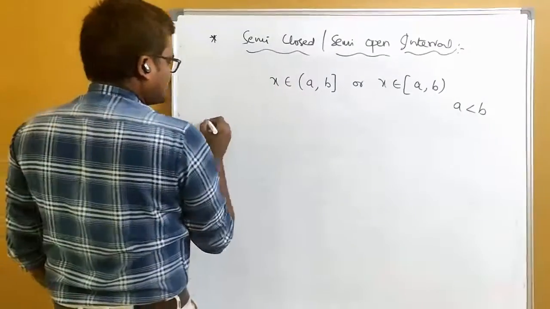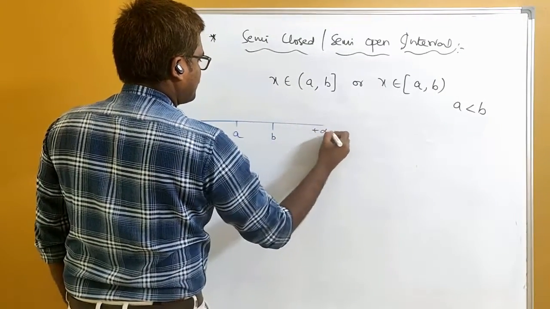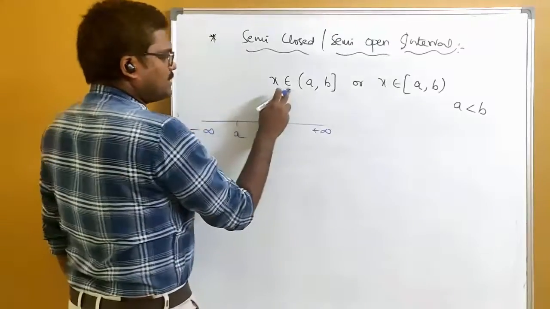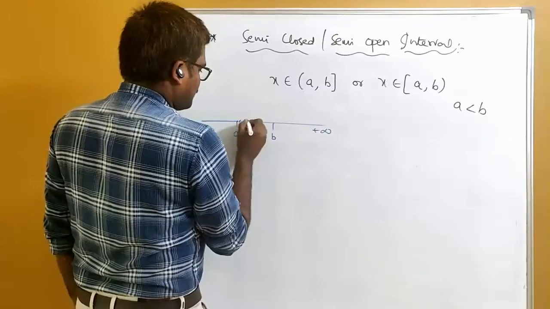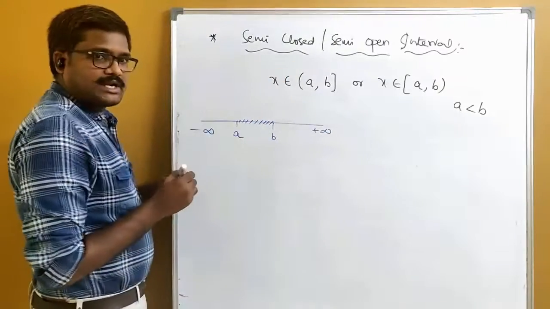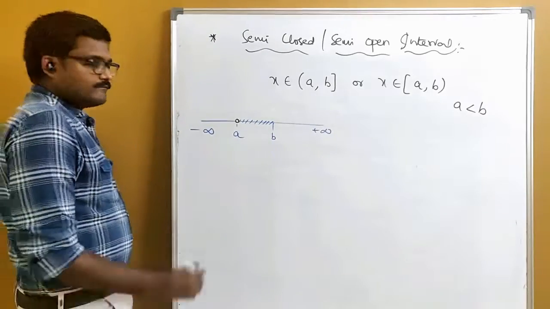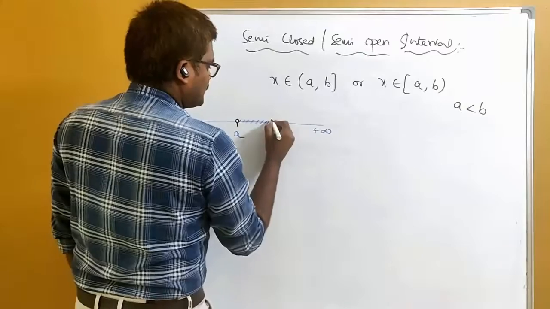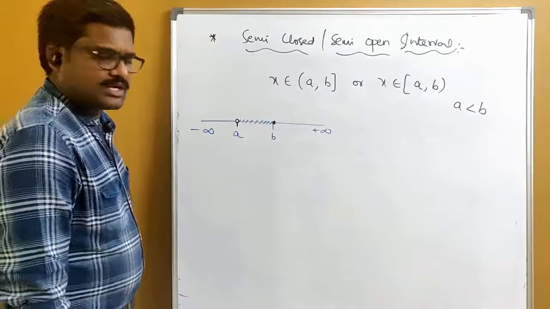So how to represent this one? It's also very simple. A, B, using the same logic. X belongs to open interval A, closed interval B means what? I will take all the values between A and B. Since I have open bracket at A, I should not include A, so I will put a bubble at A. Similarly, closed B means I will write a dot at B. Understood?